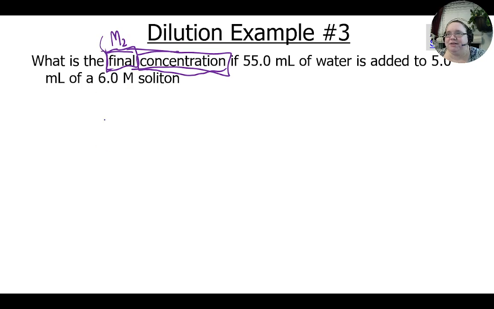It is asking me to find M2. If 55 milliliters, well, we know that's a volume, of water is added to 5 milliliters of a 6 molar solution. Ignore the typo.